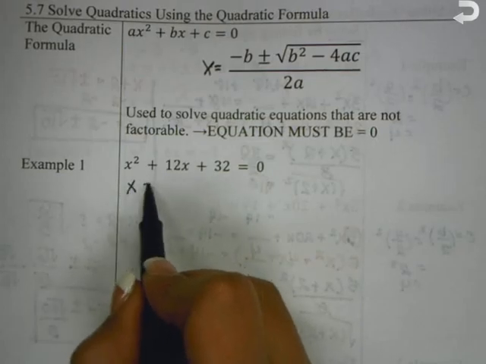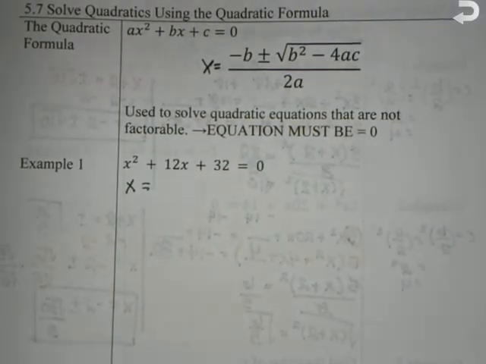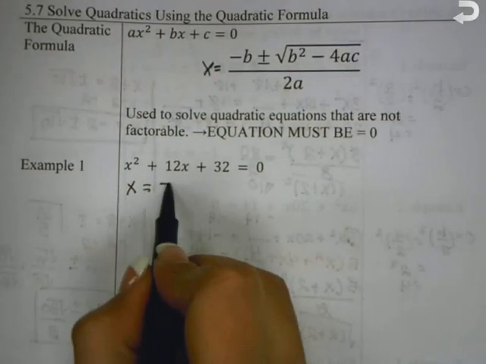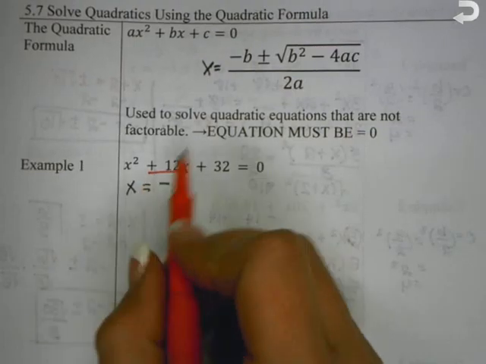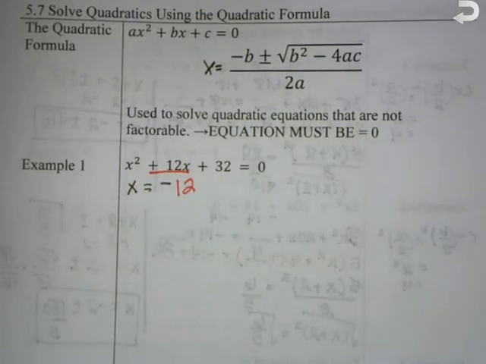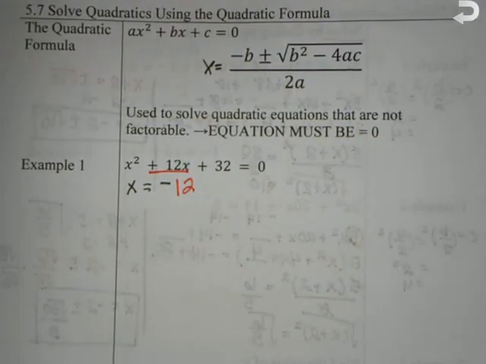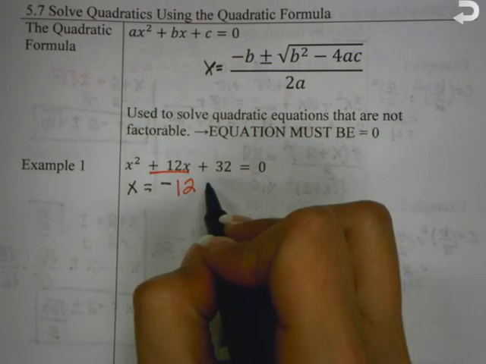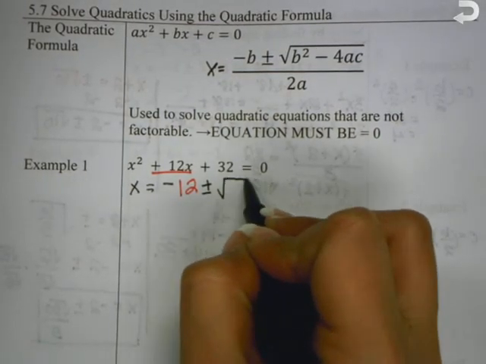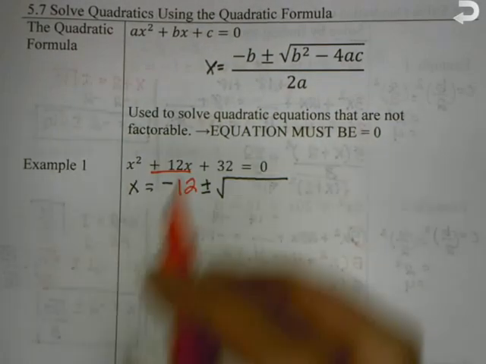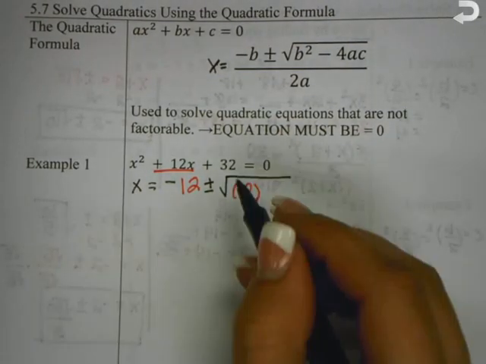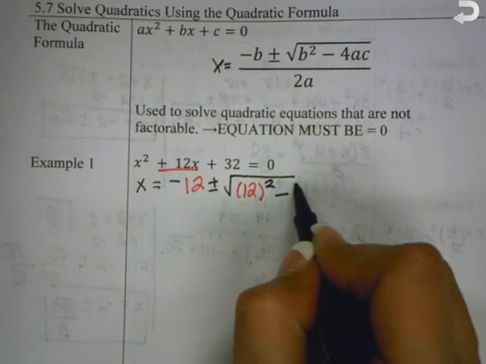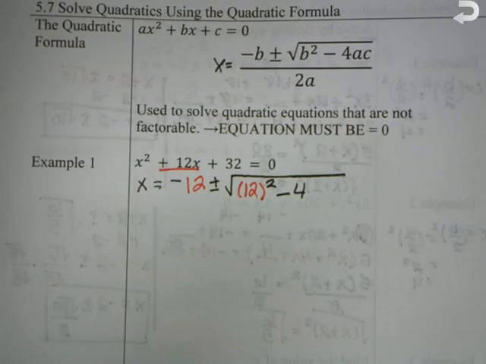So x equals negative b. What is b in this case? Positive 12, right? So b is positive 12. Plus or minus the square root of b again, so 12 squared, minus 4 times a times c.